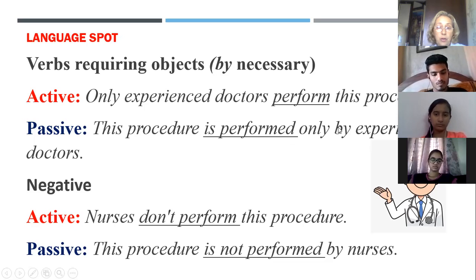Because without mentioning the agent, experienced doctors, the sentence doesn't make any sense, right? And negative, just sentences in the active voice: nurses don't perform this procedure, and in passive voice, this procedure is not performed by nurses. So the context requires using by and mentioning the agent, the person who does the action.